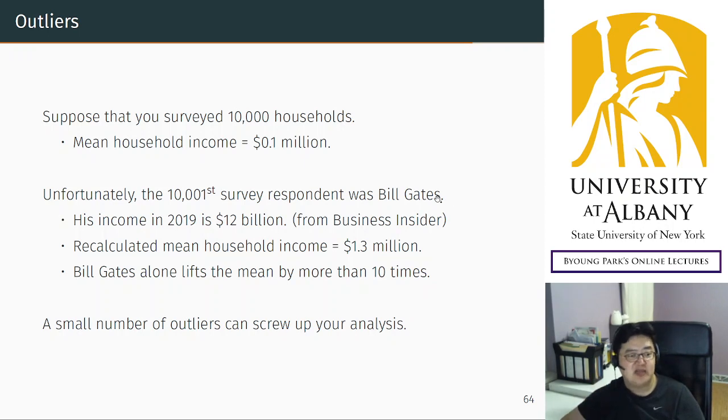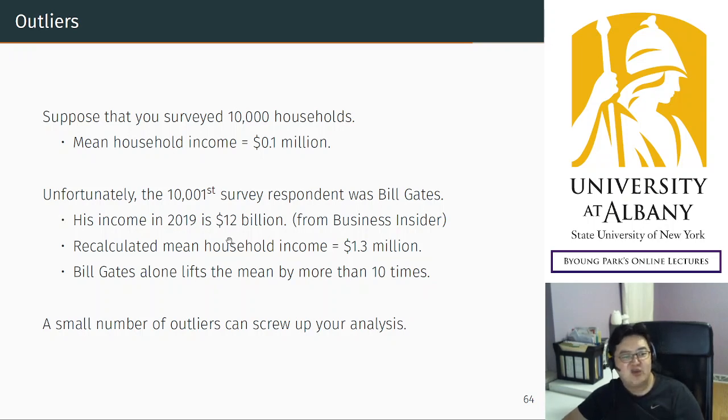In the case of Bill Gates, his income in 2019 was $12 billion, according to Business Insider, right? So if you take it at face value, then just take 12 billion as another observation.